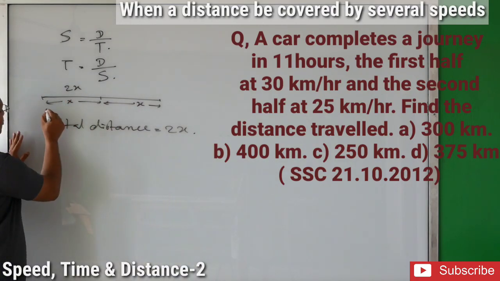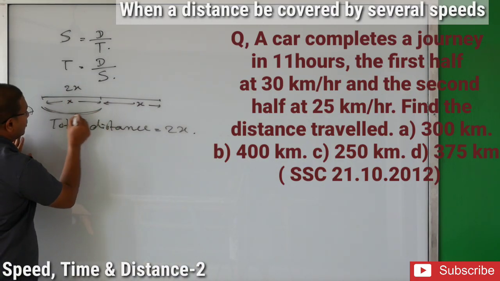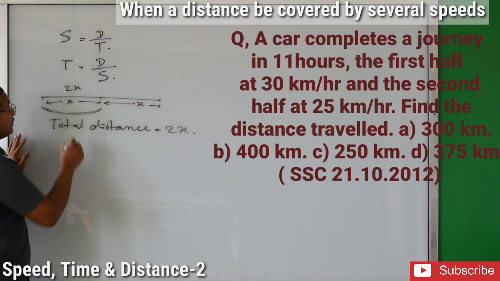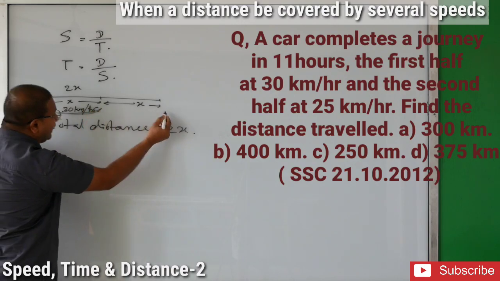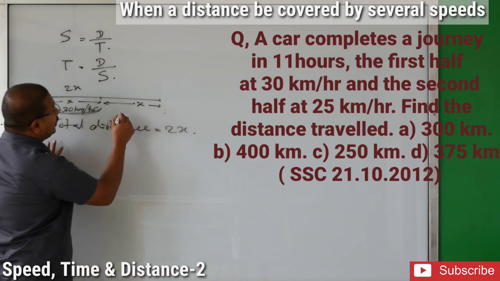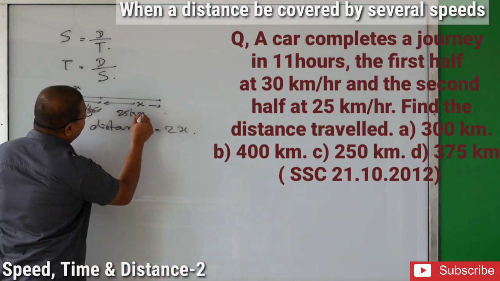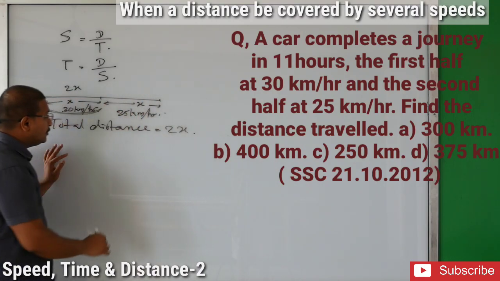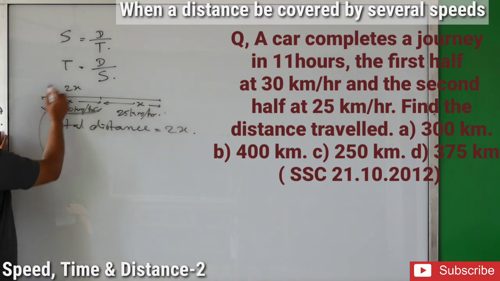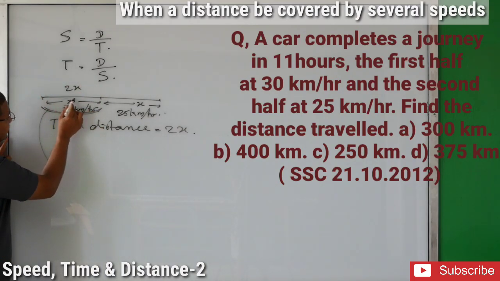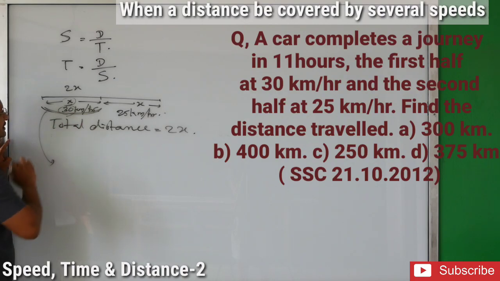And for the first half, what is the speed here? Yes, 30 km per hour. And for the second half, what is the speed? 25 km per hour. Ready? So from the first part, we can find out the time. If you want time, what will you do?